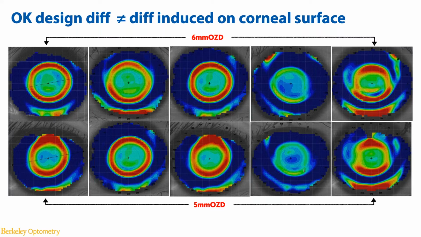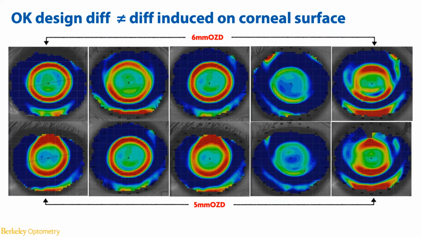Number one, for each vertical pair, that's the same eye wearing two designs with a 1 millimeter difference in the optic zone diameter, the overall difference we're seeing on the cornea is much, much smaller than what we have imposed on the back surface of the lens.